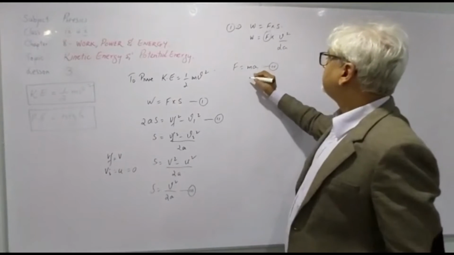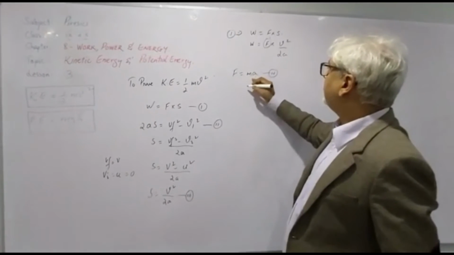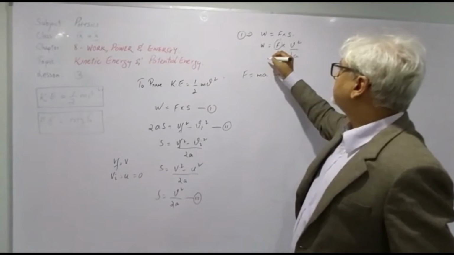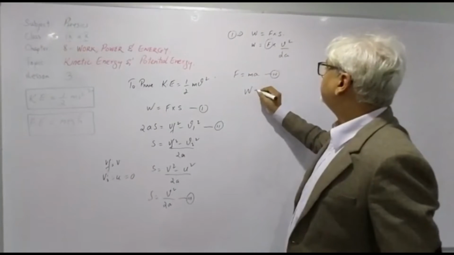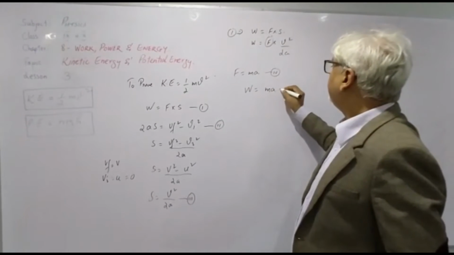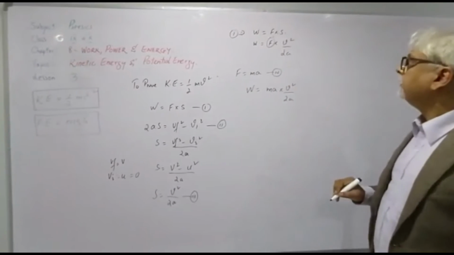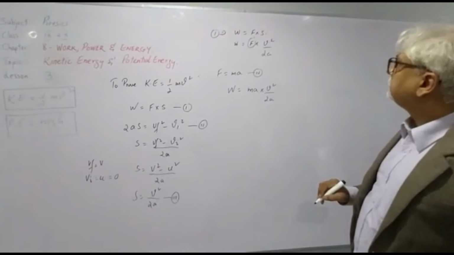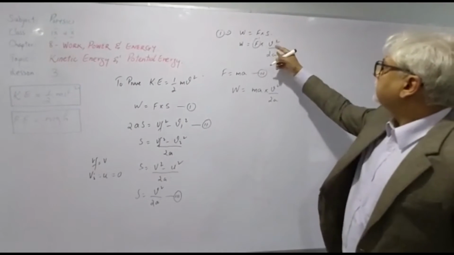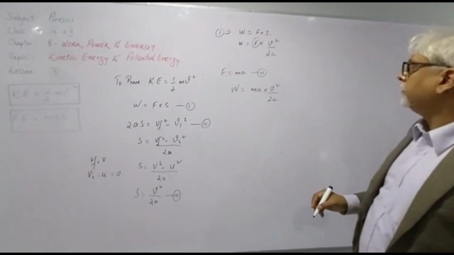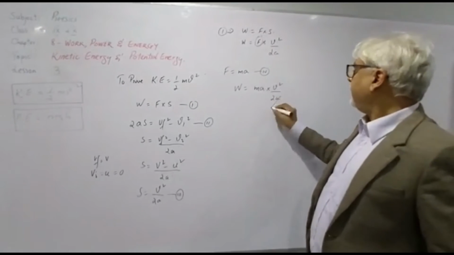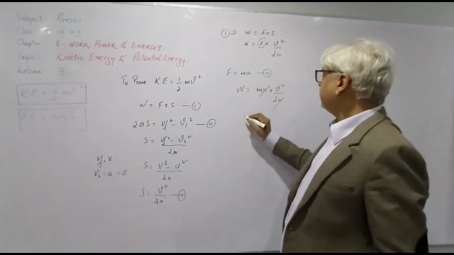I'll substitute this value of F equal to ma over here in this equation. So this will become W is equal to ma times v squared upon 2a. Now this a and a will cancel.